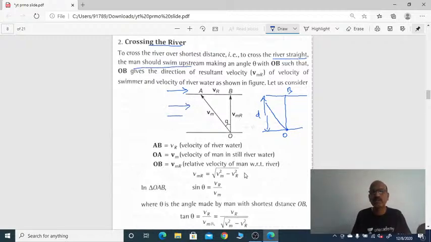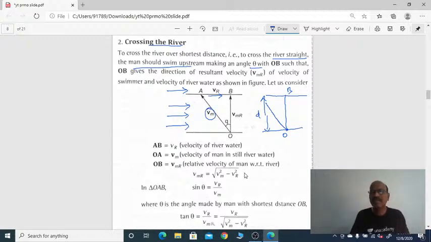This is the direction of flow of the river. The man should swim upstream, making an angle theta with OB, such that OB gives the direction of the resultant velocity. AB is the direction of the velocity of the river, and OA is the velocity of man, who is swimming upstream.